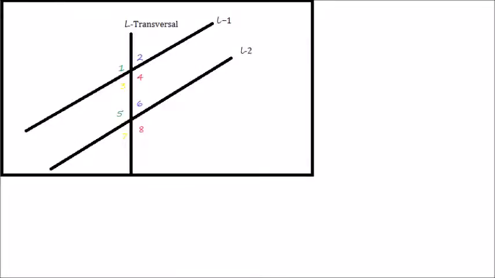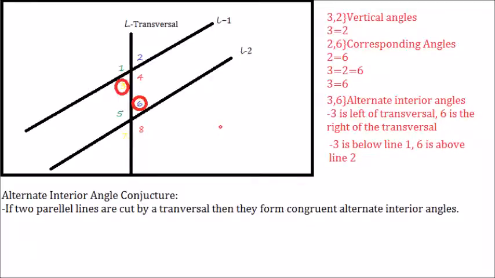There's another case. Angles 3 and 6 can also be known as alternate interior angles. These angles are special. To explain in a deeper sense, 3 and 2 follow the definition of vertical angles, which means that the measure of 3 is equal to the measure of 2. 2 and 6 are corresponding angles.